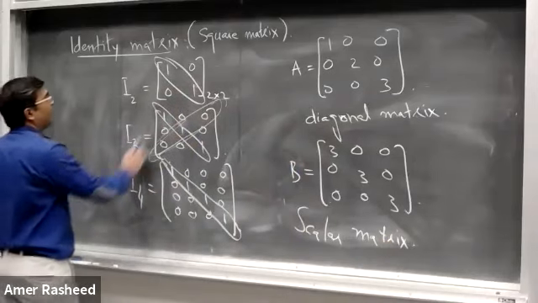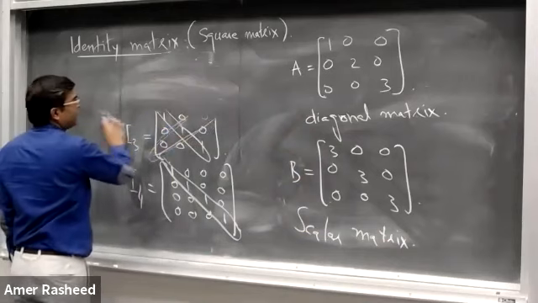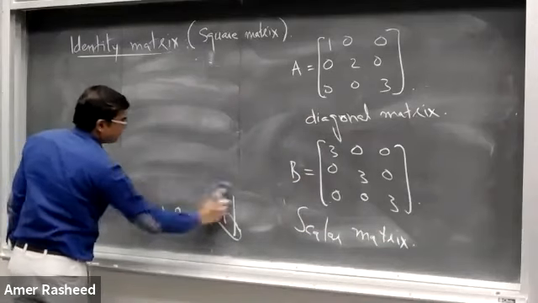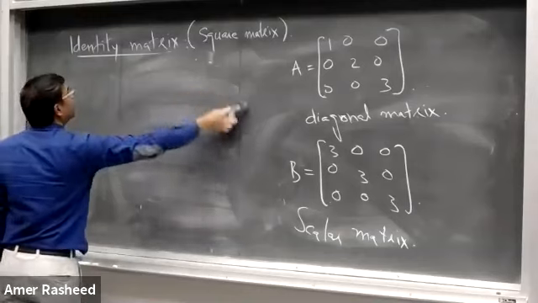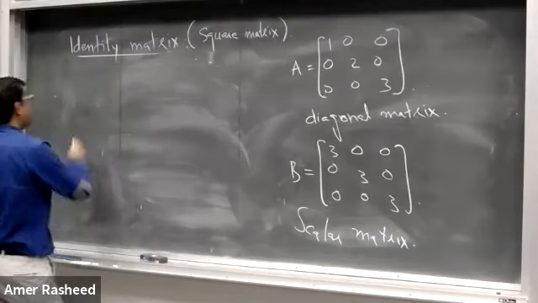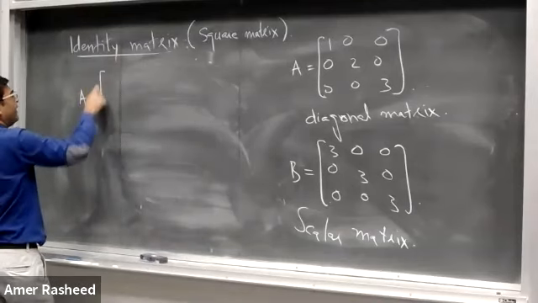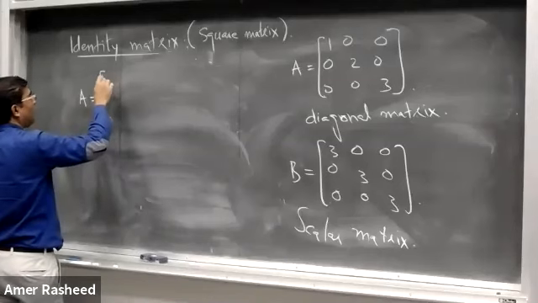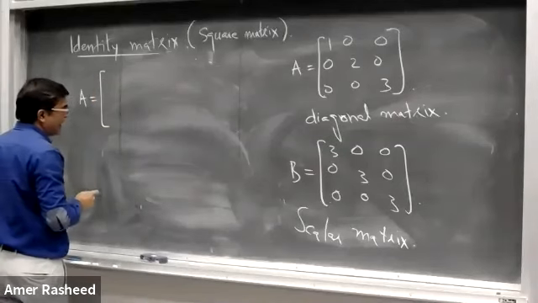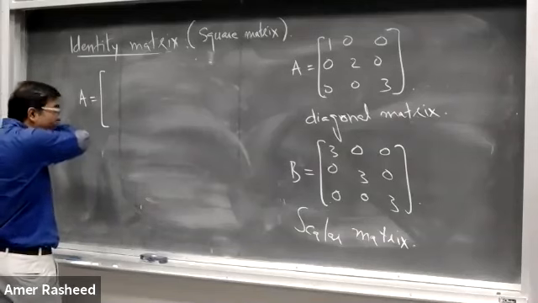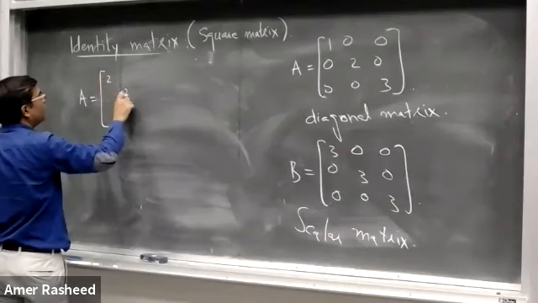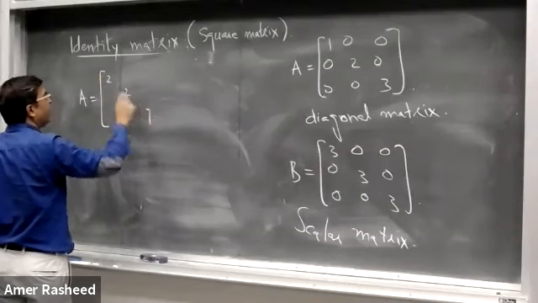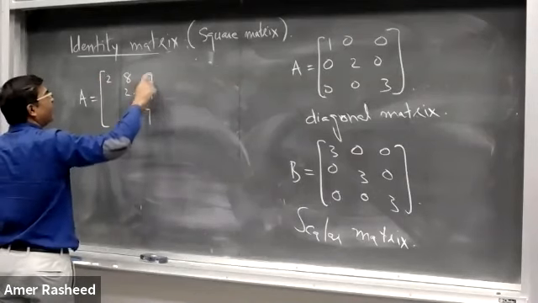Another kind of matrix is a lower triangular matrix and an upper triangular matrix. A matrix of this form, where all the entries below the diagonal are 0, for example 1, 2, 2, 2, maybe 7 here, 8, 9, 11.